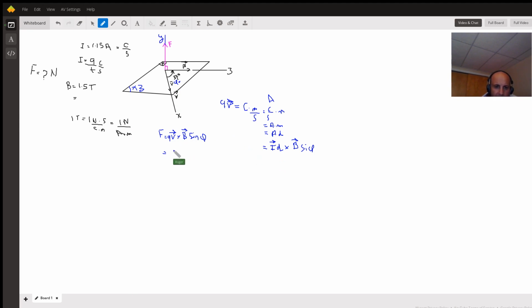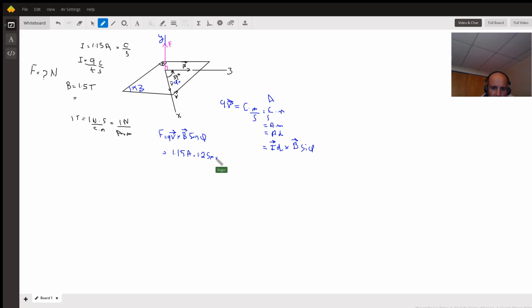I is given as 1.15 ampere. The distance D is given as 1.25 meter. Okay. And B is the magnetic field, and it's in Tesla. And we said that 1 Tesla is equal to 1 Newton second per Coulomb meter, or 1 Newton per ampere meter.